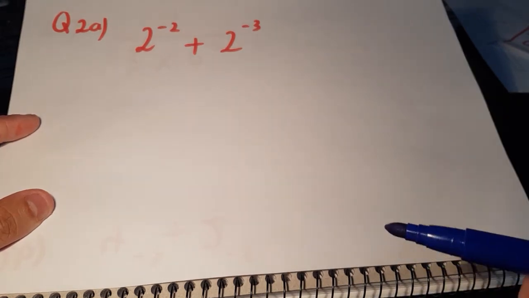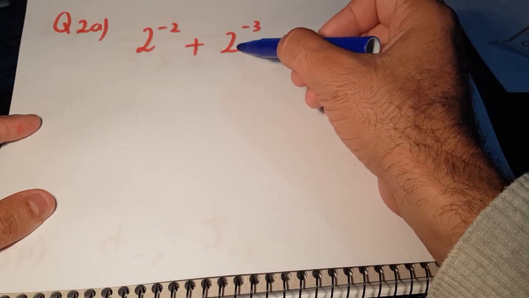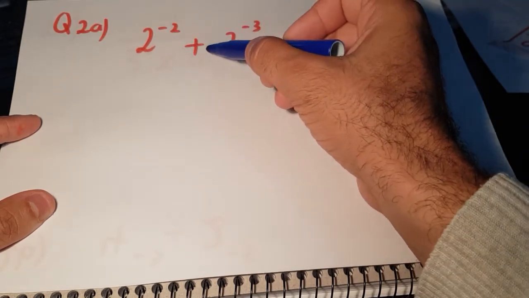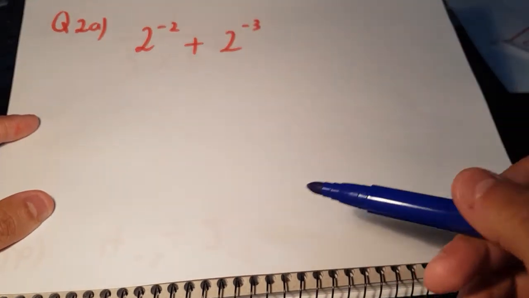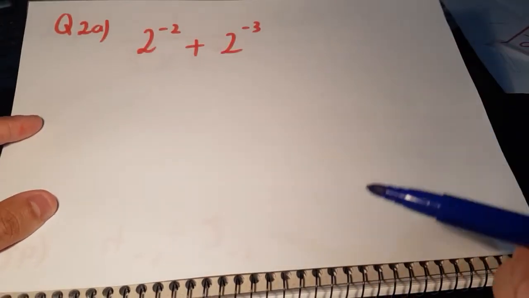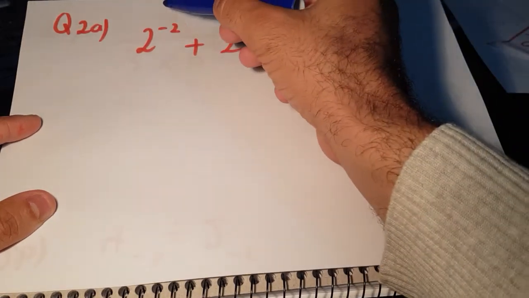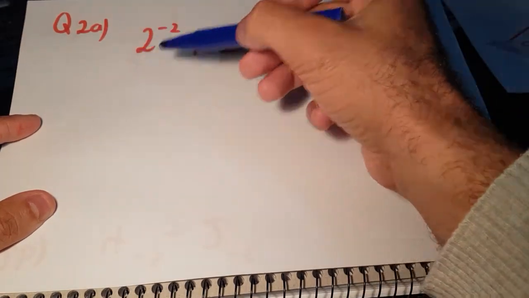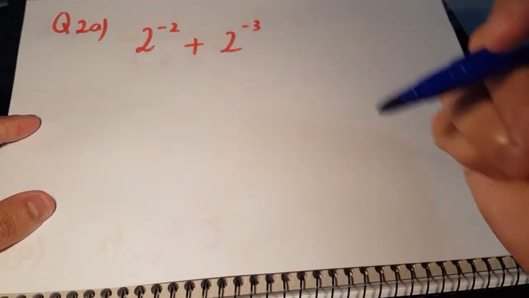The first index rule is when you have two bases that are the same but are multiplied together between each other. This one is added between each other, so you keep it separate and you don't apply the first law. So what we'll do is take this separate, take that separate, find out what the answer will be, and then we'll combine them together.